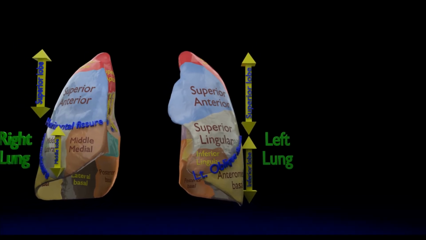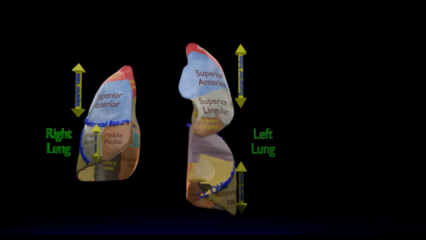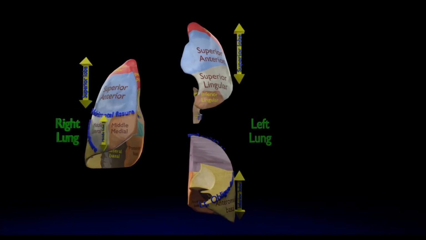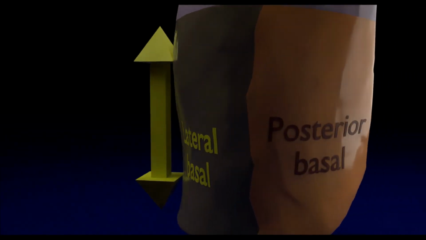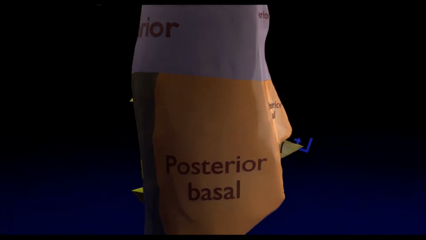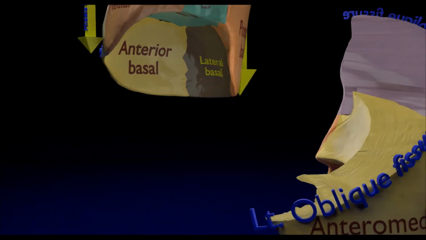Now you can see the superior and inferior lobes of the lung separately. Focusing on the lower lobe of the left lung, you can see 4 segments, namely anteromedial, superior, posterior basal and lateral basal. But if you remember, I had mentioned earlier in the introduction that the lower lobes of both lungs have 5 segments.